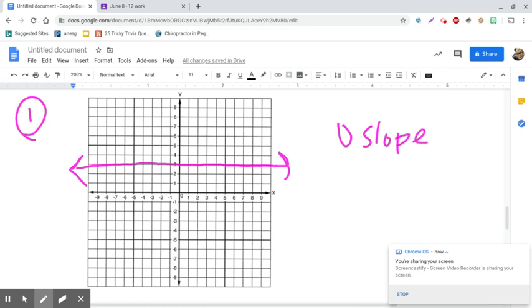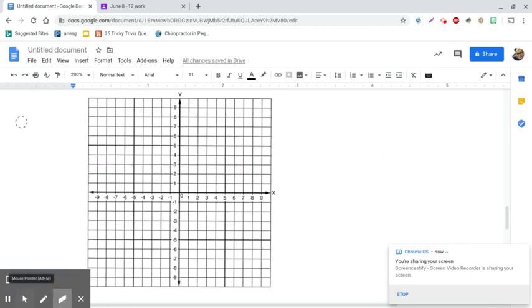That means you don't actually have to calculate, because you are not going up or down. You're going over, but there's no up or down. So anytime you see this, zero slope.